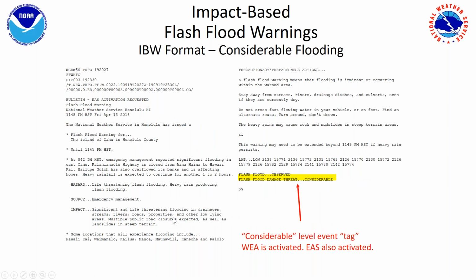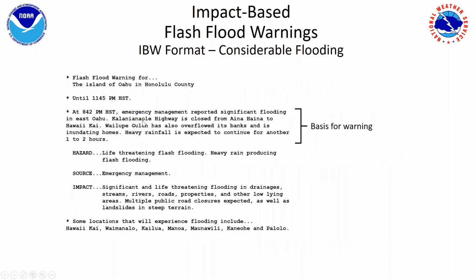Now for a considerable level event, the wording will change, and you'll have more emphasis on life-threatening type of wording in there. So let me zoom in here. The general format is still the same. It's the four asterisk bullets, with the third bullet having the hazard, source, impact information in there. The third bullet is still the basis statement, but notice in the hazard section, you're going to have wording such as life-threatening flash flooding, and then notice the impacts in here.